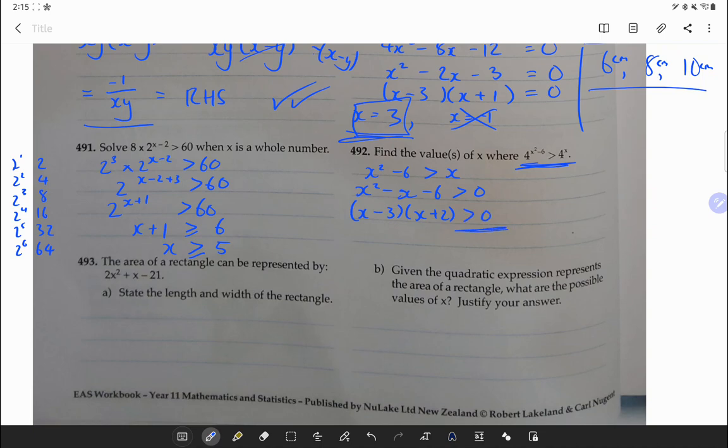Remember, greater than 0. When these brackets are both negative, we get a positive number. It's greater than 0. So that's the case when x is less than, right? To make them both negative, right? Less than 2.